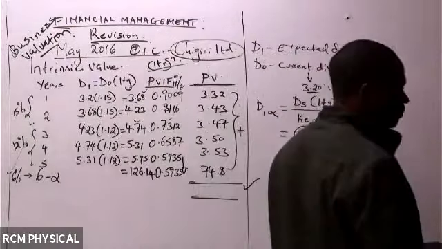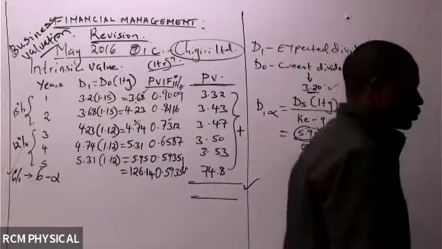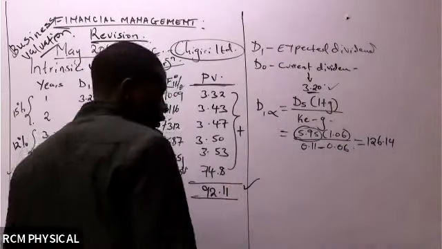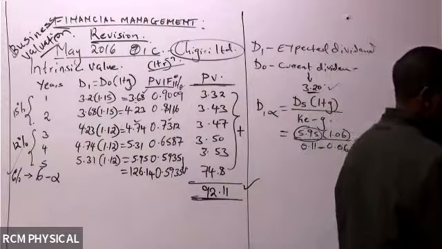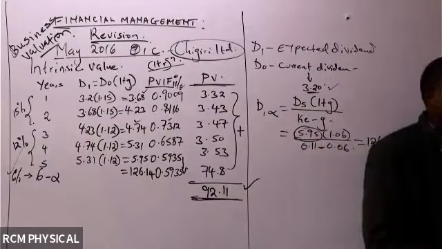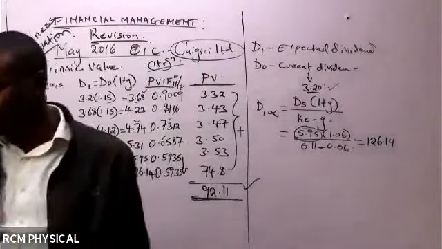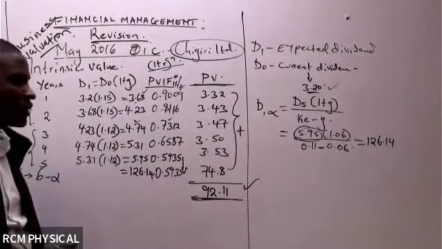The total is 92.11. That is the intrinsic value.